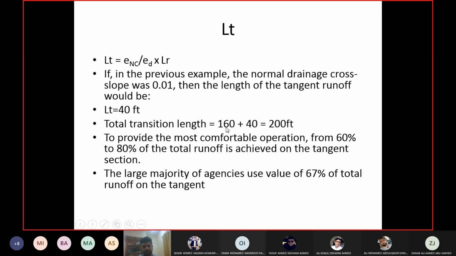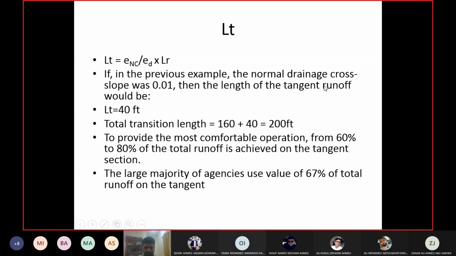So that when he reaches the curve, he has almost achieved the full super elevation. 60 to 80% is very close to full super elevation. So when he reaches the curve, 60 to 80% of the runoff transition has already happened, and he is very close to the full super elevation when entering the curve.